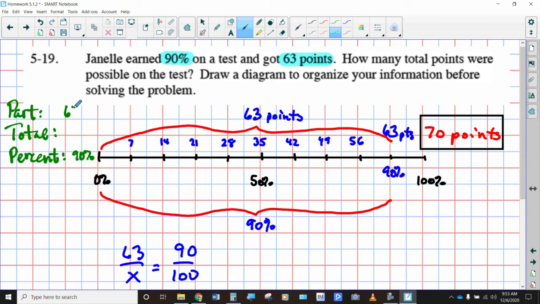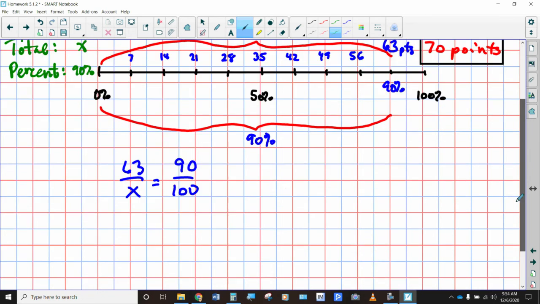We've got the part, which is 63 points. It's the total that we don't know. So part over total equals percent over 100. And now you can use a giant 1, which I would not recommend in this situation, although, let me just show you this legal move. 90 out of 100 can be simplified down to 9 over 10.